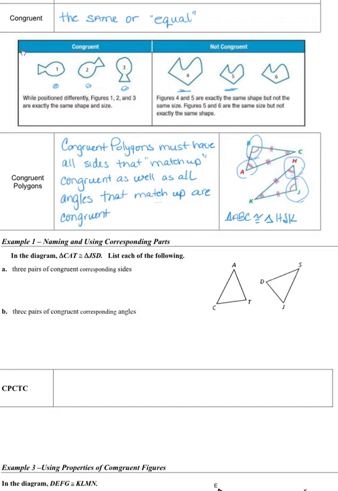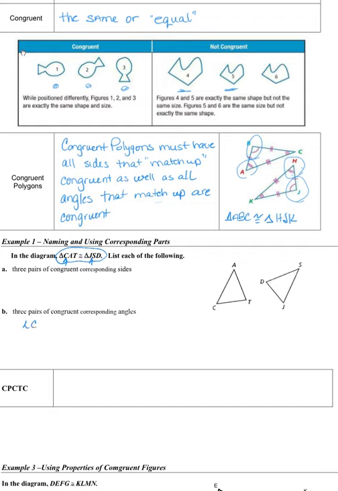So because they have to be in the right order, we can do things like example 1. So example 1 gives us this nice congruent statement, and we're going to list all of the congruent sides and all of the congruent angles. So I'm going to start with angles because that's the easy part. I notice that C is the first letter of the first name and J is the first letter of the second name.